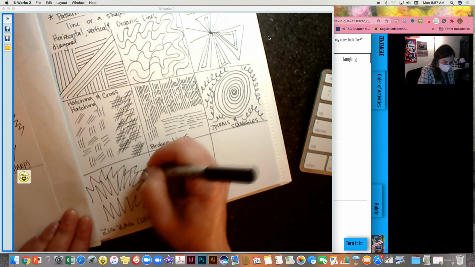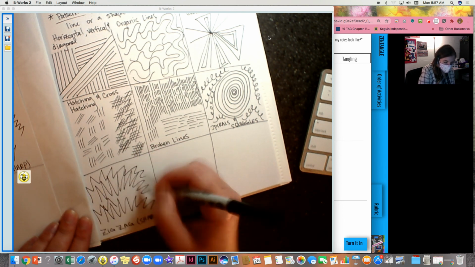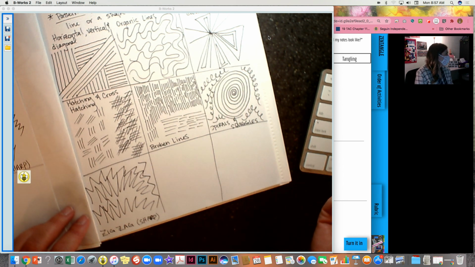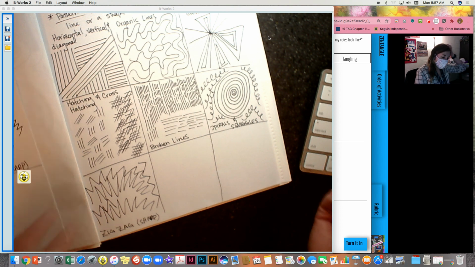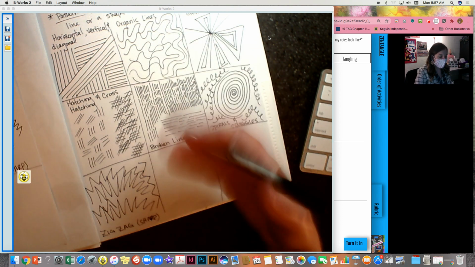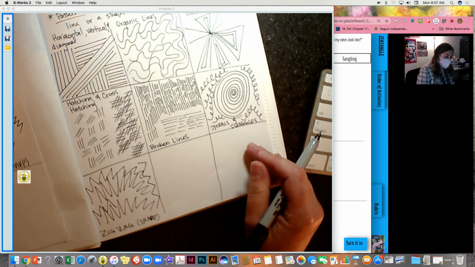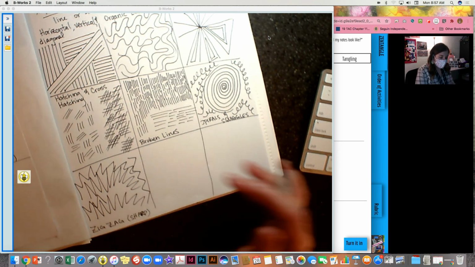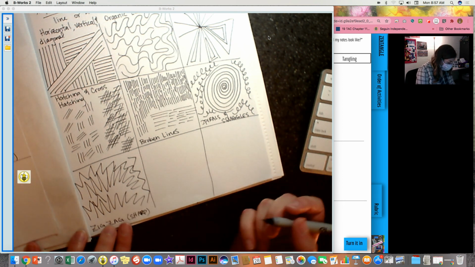So for instance, if I saw this sharp zigzag, that looks pretty angry to me. Right? So lines can be really expressive. Organic lines are very flowy. They're kind of happy. These zigzag lines are very sharp and angry looking.